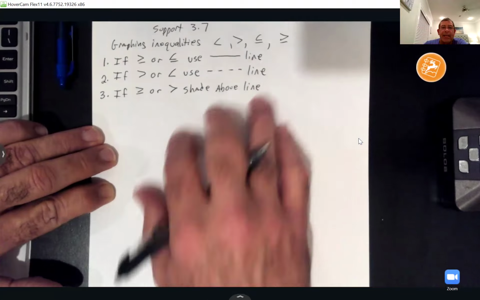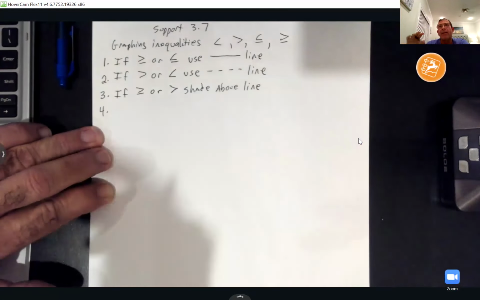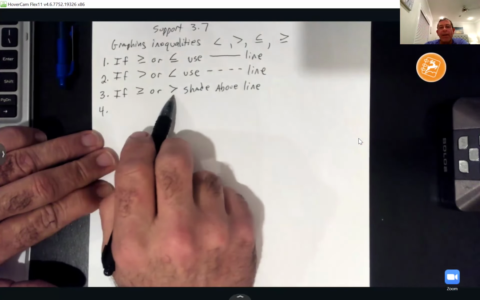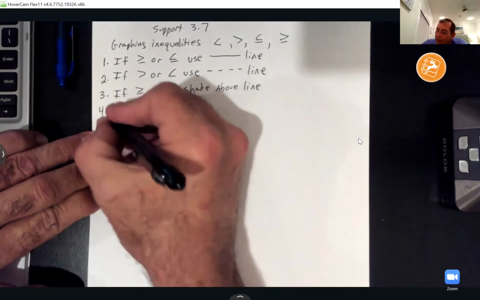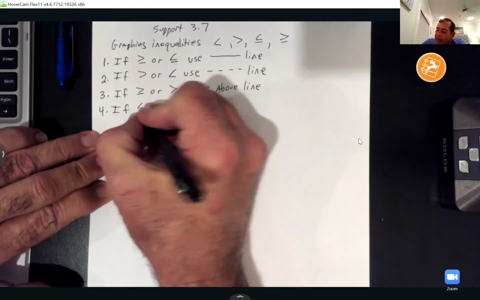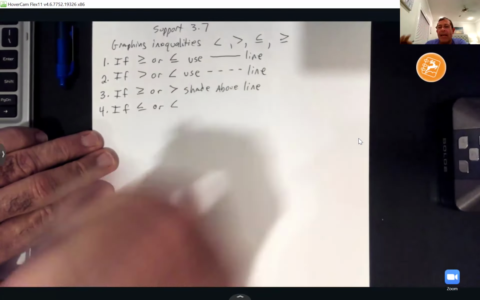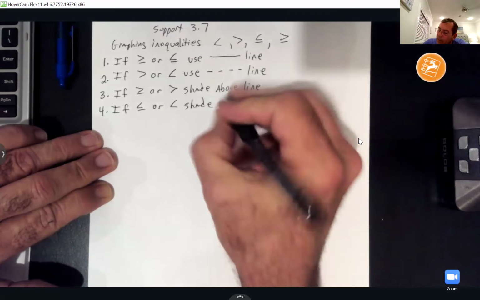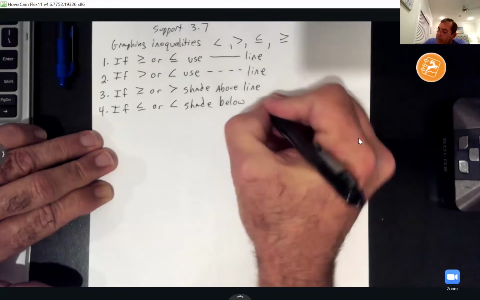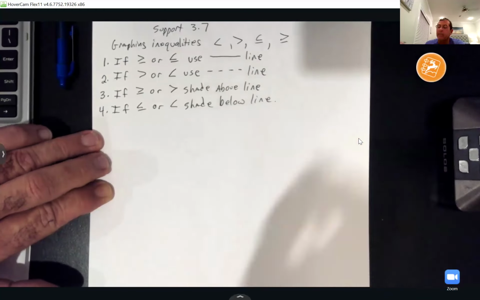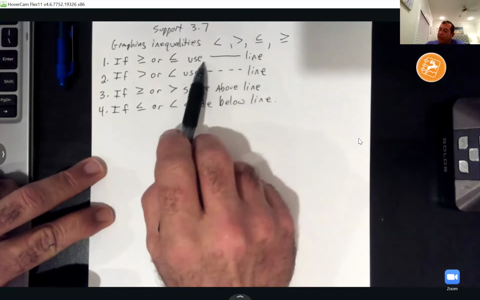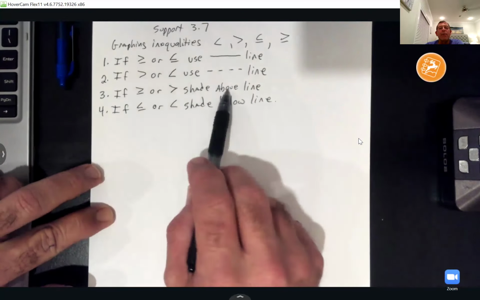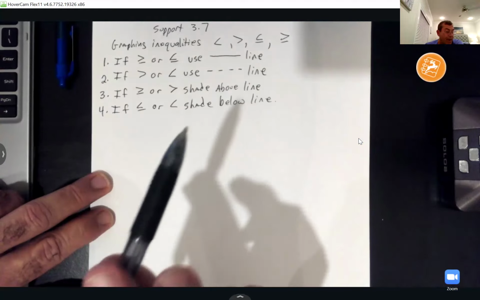That's why we shade these areas for all the solutions that'll make them true, okay? So if it was greater than, it's shaded above. That means less than or equals, or less than is going to shade below. Okay? So this tells me what kind of line to draw, the first two. The second two tell me where to shade my graph at.